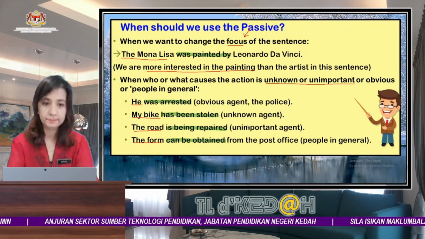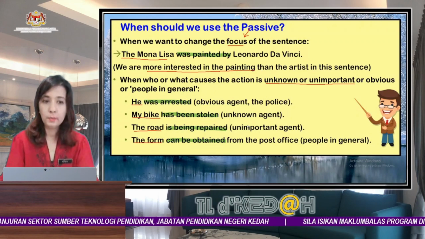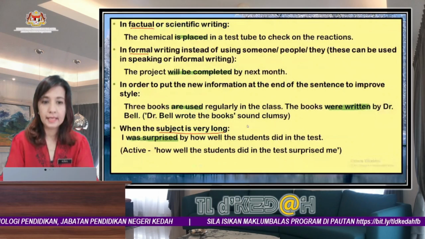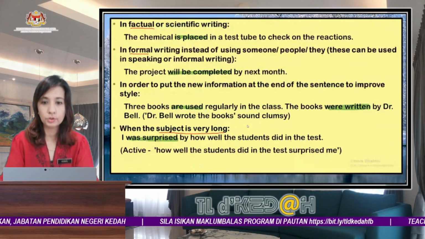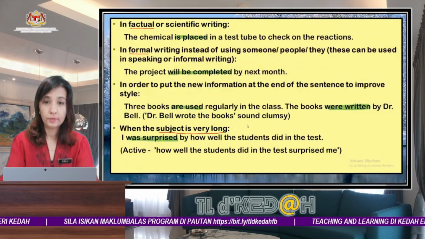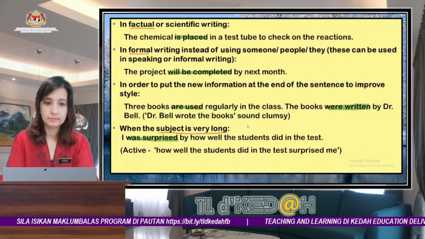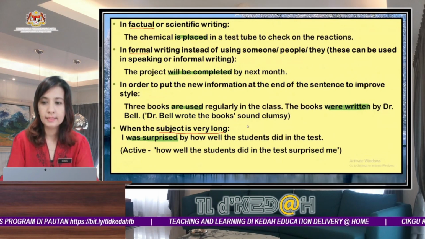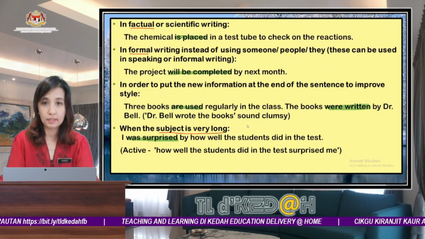Let's go on. Now, when you state something factual or scientific, for example, the chemical is placed in a test tube to check on the reactions. So we are focusing on the chemical. Also, in informal writing, instead of using someone, people, or they, this can be used in speaking or informal writing.